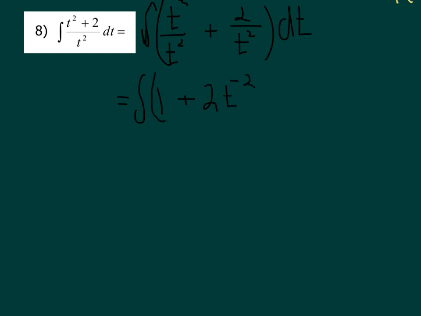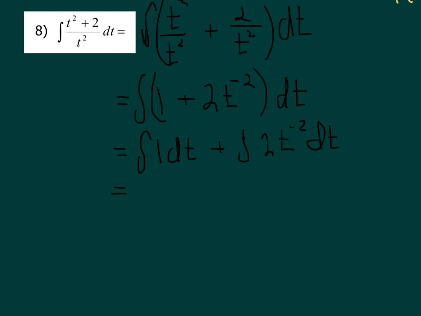As we did before, we want to write exponents in the denominator as negative exponents to find the integral. So now we have the integral of 1 times differential of t plus the integral of 2 times t to the negative 2 times differential of t. So we're going to use the same rules even though we have a different independent variable. The rules work exactly the same.